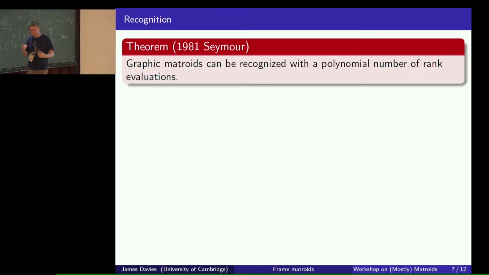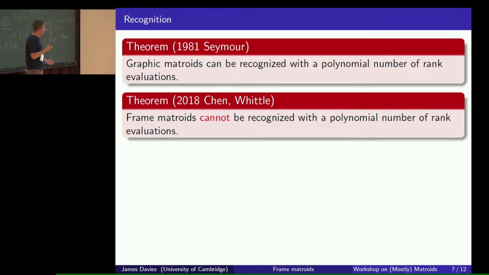One other nice thing about graphic matroids is that you can recognize them efficiently just by doing a polynomial number of rank evaluations. It would be great if you could do this for frame matroids, but this is not the case. Frame matroids cannot be recognized with a polynomial number of rank evaluations.